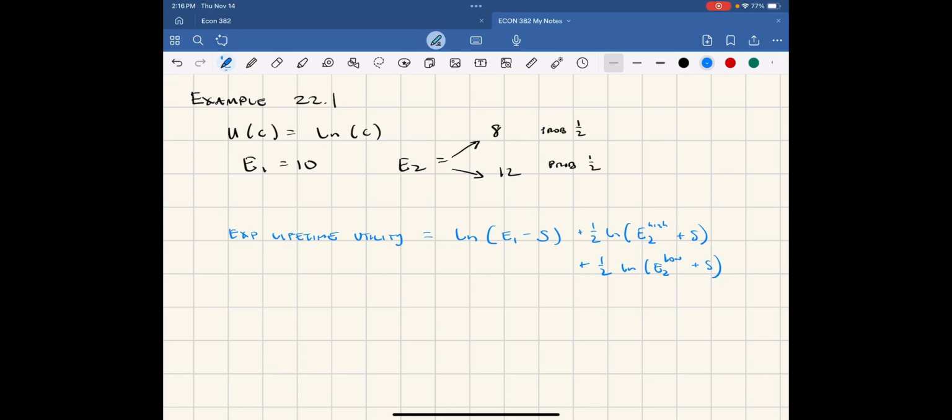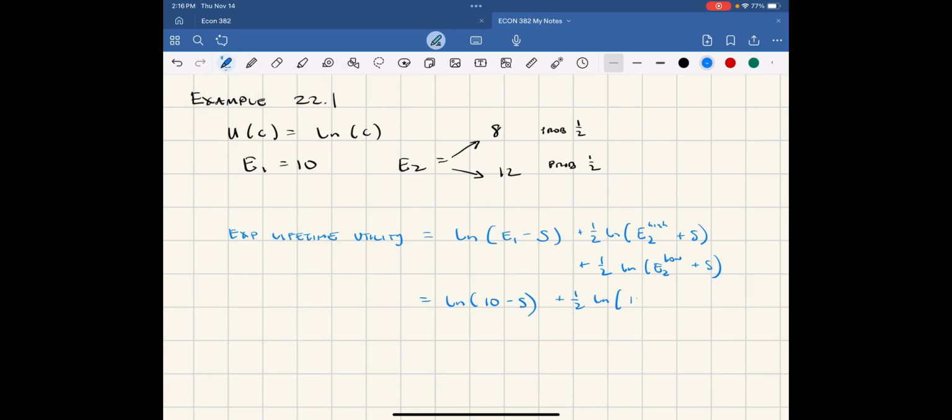All right, and now we're assuming here that we don't have interest rates or discount rates at this time, for simplicity. So now that we have this, let's go ahead and plug in the numbers. So we get the log of 10 minus S. 10 is our earnings in period 1. Now plus 1/2 log of, we'll get, 8 is not our high earnings.